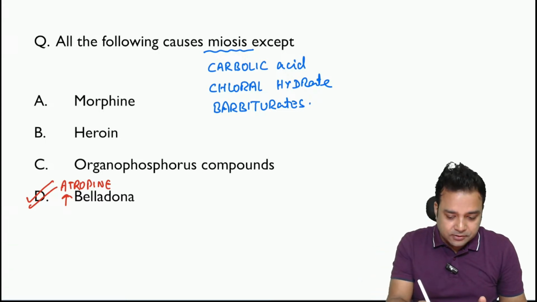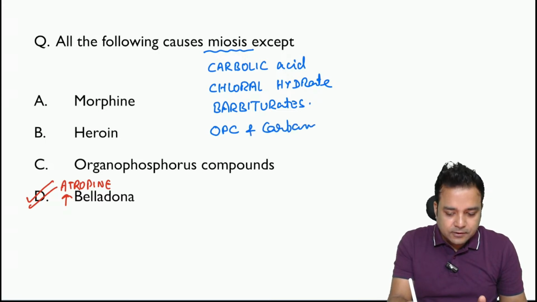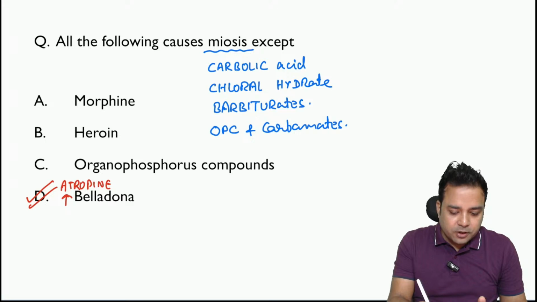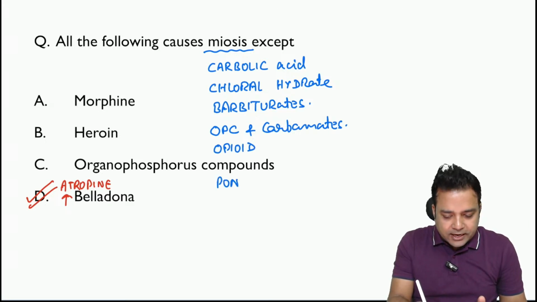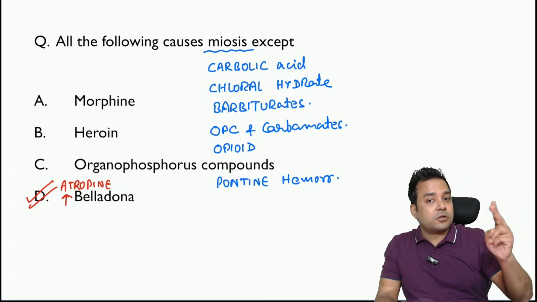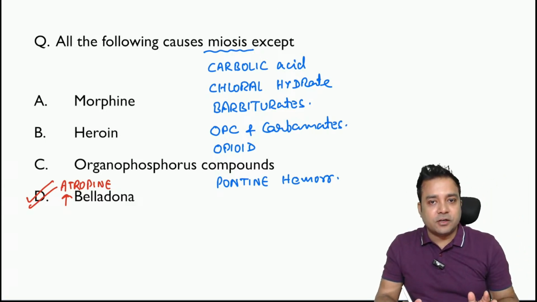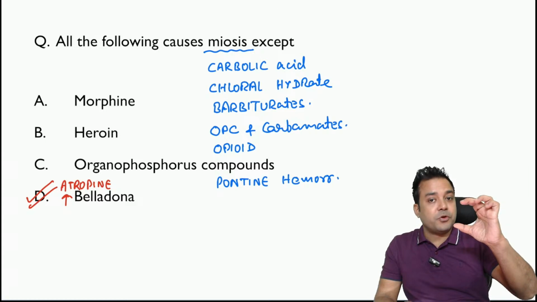Then comes two O's: one is OPCs as well as carbamates. Along with this, also remember opioid agents. And remember, pontine hemorrhage cases which lead to postmortem caloricity in a dead person can lead to bilateral miosis when the person was still alive. So this is a comprehensive list of miotics.